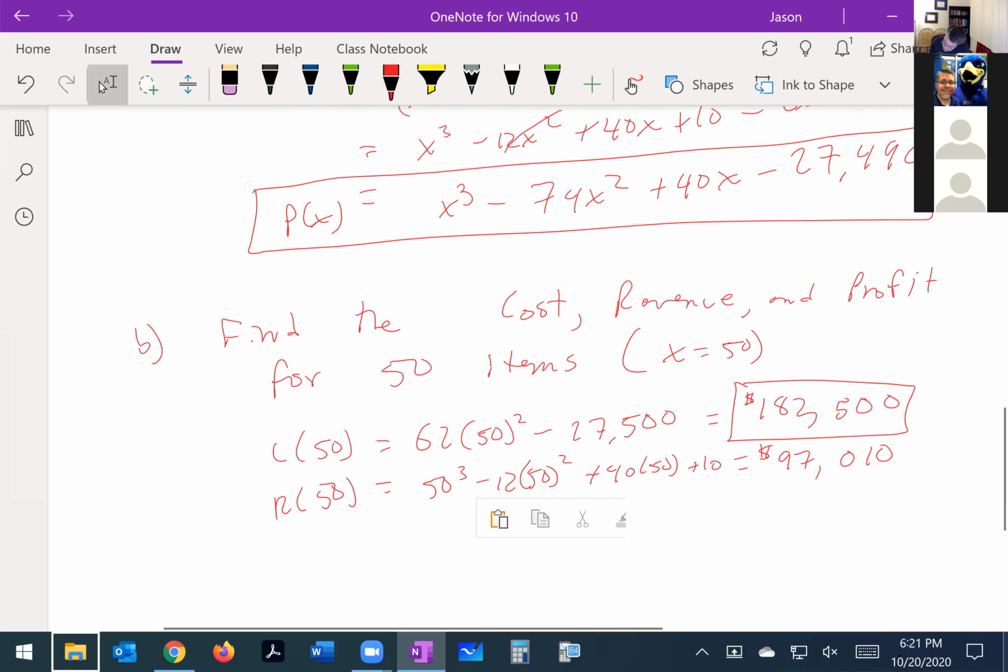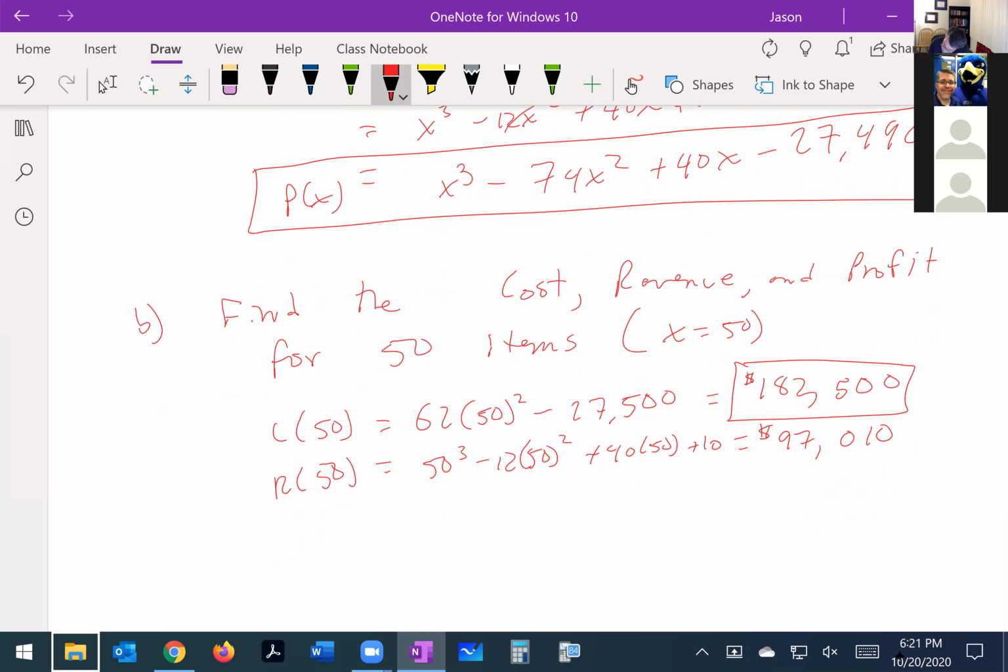Okay, and then if I do my profit function, that should really be my revenue minus my cost. But again, if we just use the function that we came out with, this is going to be 50 cubed minus 74 times 50 squared plus 40 times 50 minus 27,490, and that will come out to negative 85,490 as my profit.